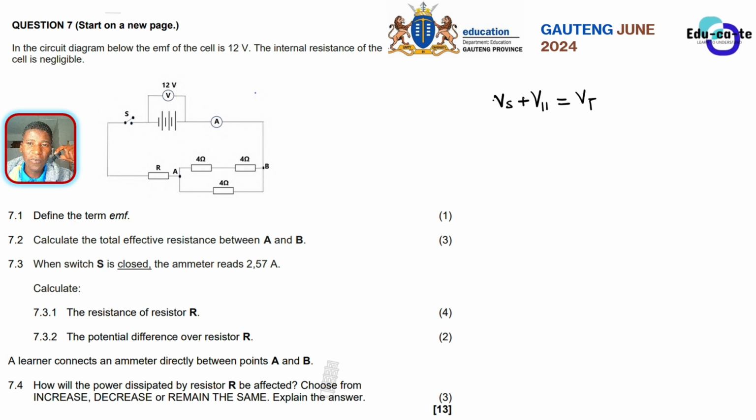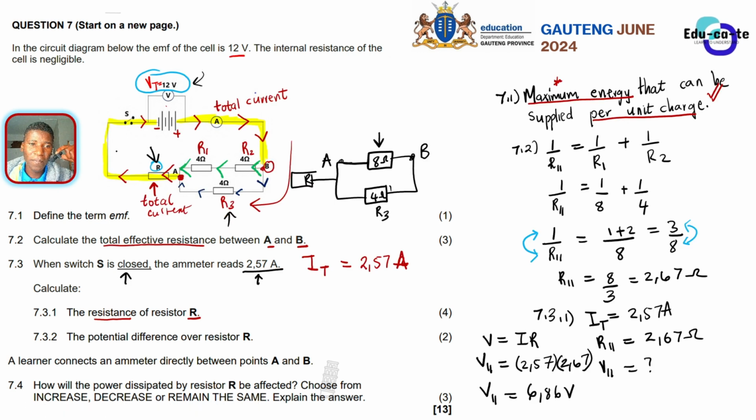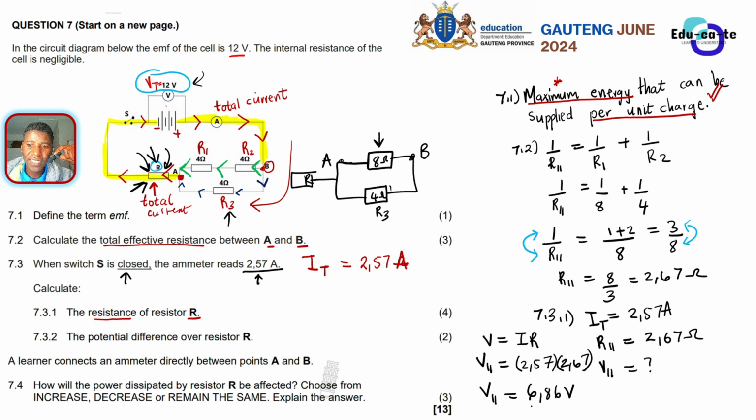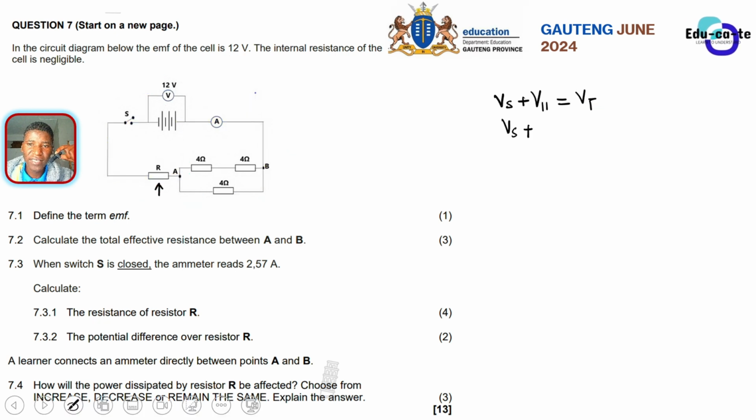The voltage across the series combination is the one in R. Remember in our painted diagram, this voltage was in R. That is the one we're looking for. So this is V series plus the voltage across the parallel combination, which we calculated as 6.86 volts.